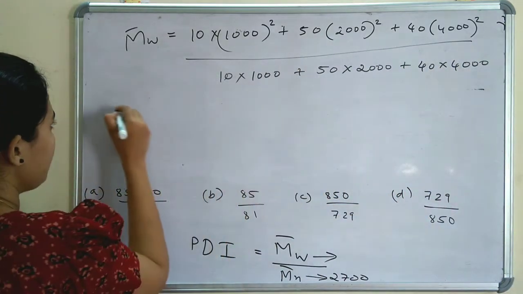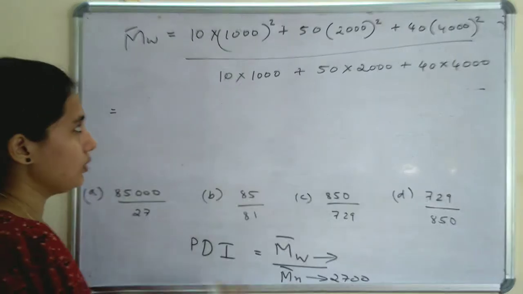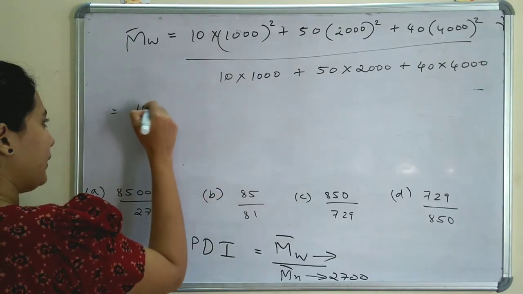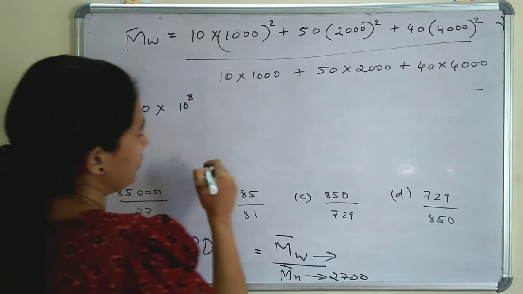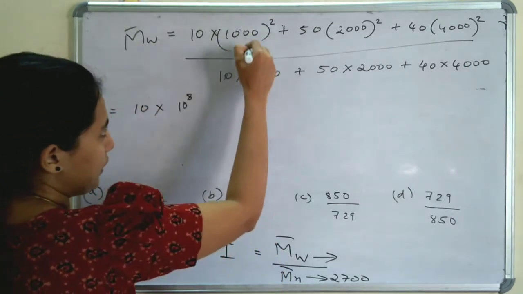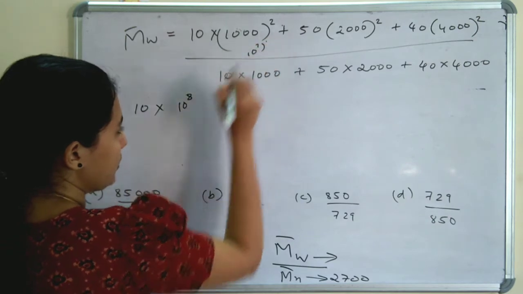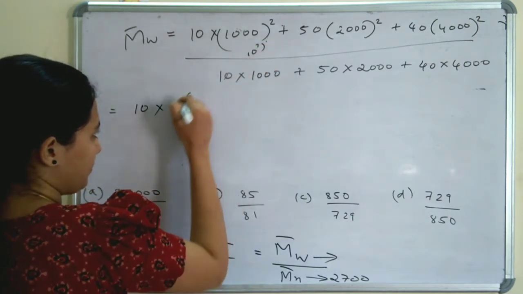So solving this, 10 into 1000 the whole square, 10 raised to 3 the whole square is 10 raised to 6.